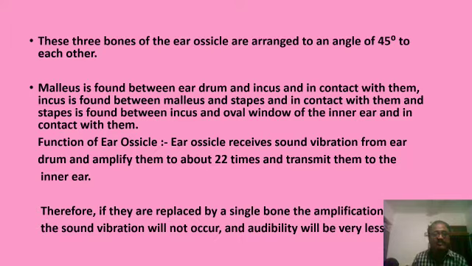Therefore, if these ear ossicles are replaced by a single bone, then amplification of the sound vibration will not occur and audibility will be very less. These three little bones are very necessary in order to amplify the sound vibrations and make the audibility better.